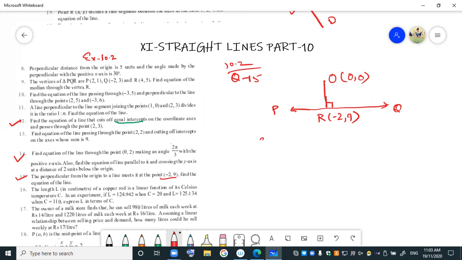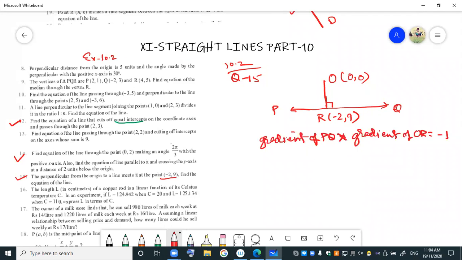So the gradient of PQ into the gradient of OR will be equal to -1.